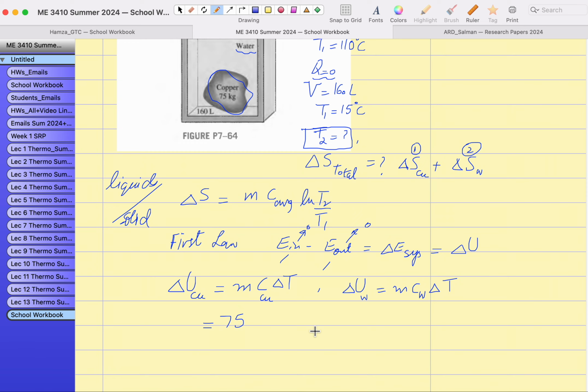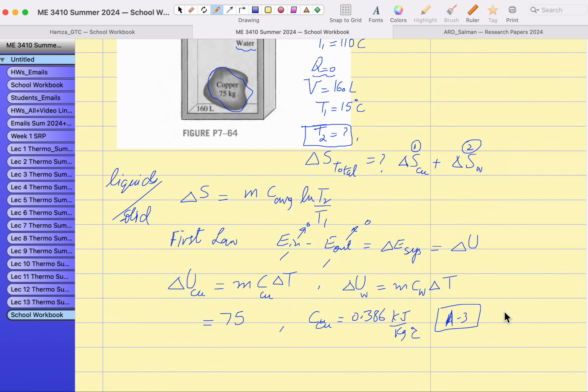The specific heat for copper is 0.386 kilojoules per kilogram Celsius from table A3. You can take a look over there and find out.